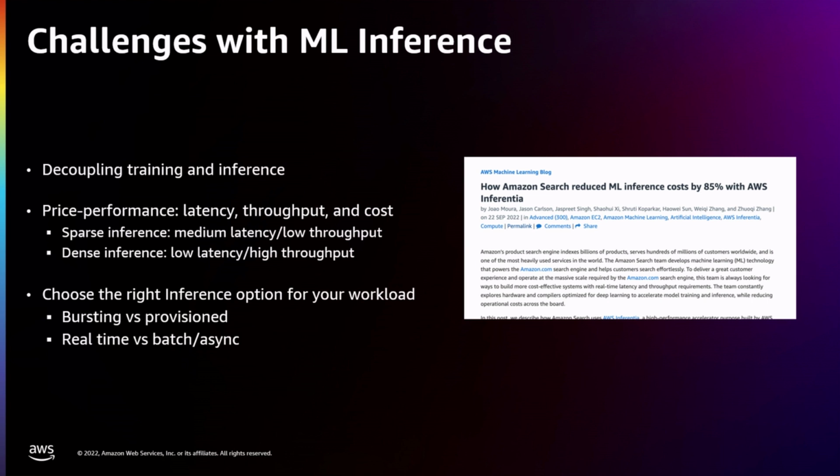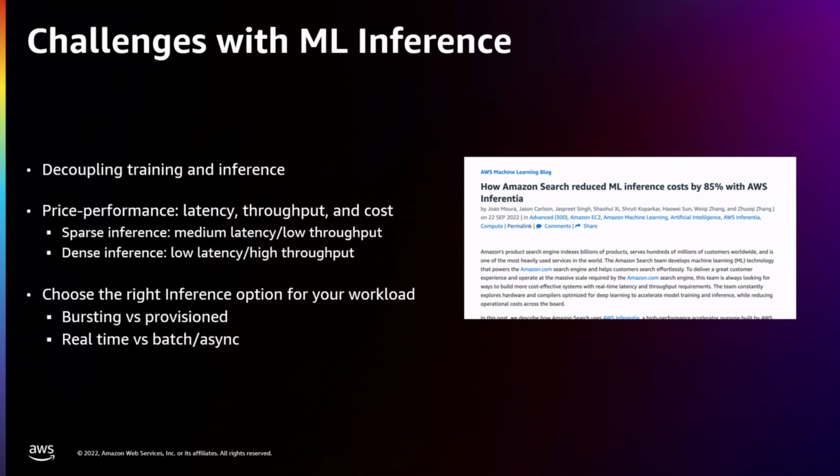In addition, with support for instruction sets like IPEX, you're actually able to get pretty good performance out of these CPUs. For, let's say, 1 million requests of a BERT large model with 128 token length, you can expect about 100 milliseconds of latency in that configuration using C6i instances.